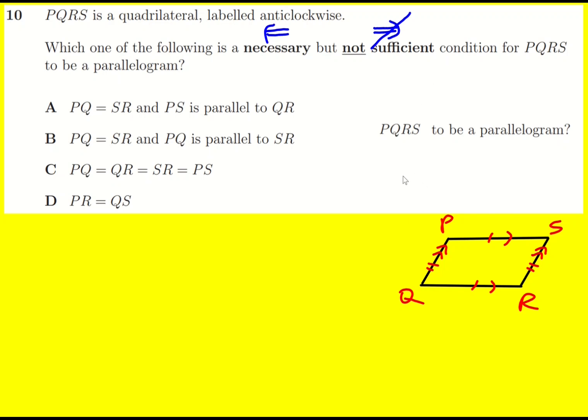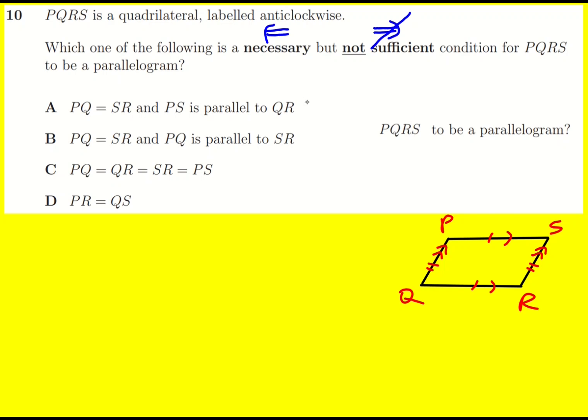Okay, so I think the first thing I'm going to do is look at the scenario right to left and see which ones are true. So if PQRS is a parallelogram, does it follow that PQ is equal to SR and PS is parallel to QR? Yes, it does.